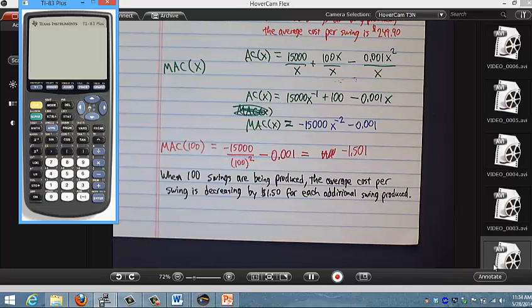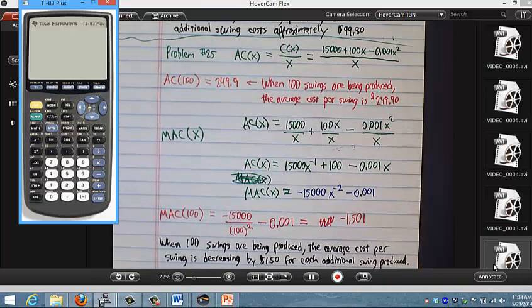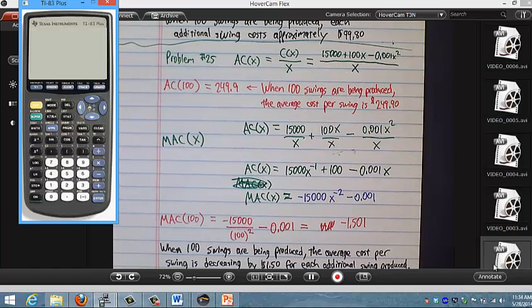Go ahead. How would you interpret the average cost of x? I did that before. I just called it the average cost per swing. In other words, how much does it cost for each swing, right? The total cost, remember we did that, was 24,990, right?